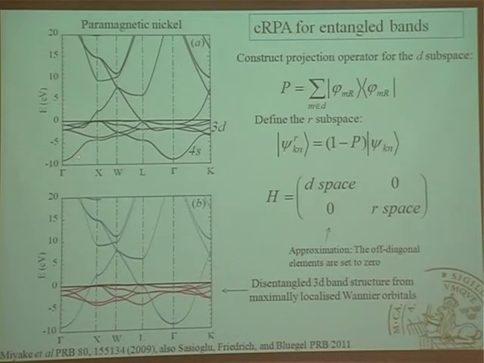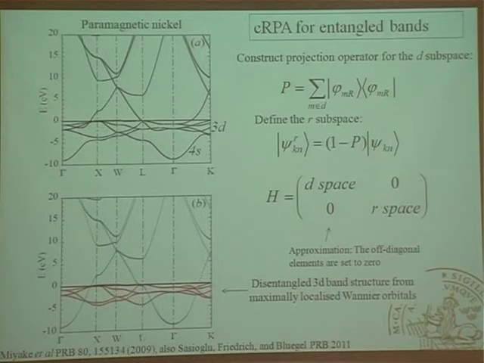So you have an S band like this, and this hybridizes with the D. Is this because you set it to 0 here? Yeah, exactly. Because we set this to 0, so there is no hybridization anymore, so you get a complete S band. And this is the D. But that is the approximation.